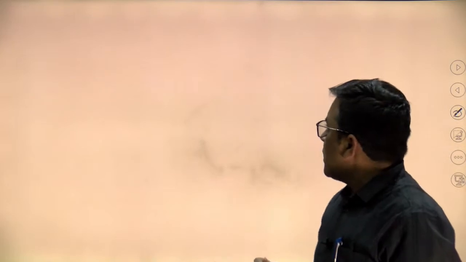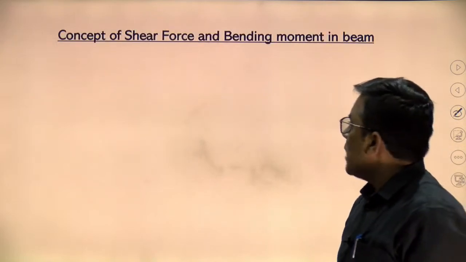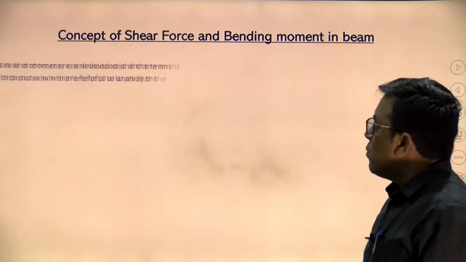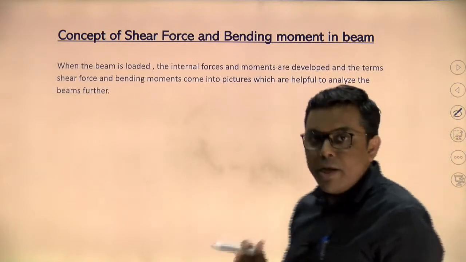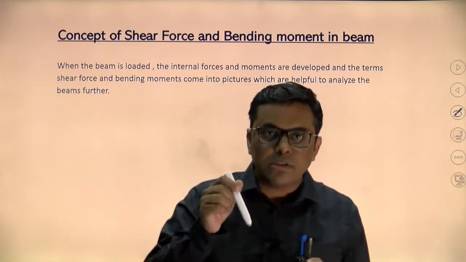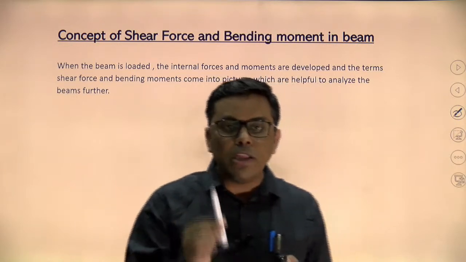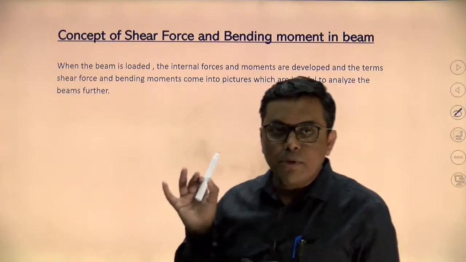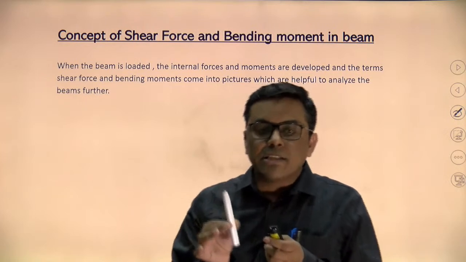In this lecture I am going to cover the concept of shear force and bending moment, what basically it is. When a beam is loaded by certain loads, certain support reactions will be developed against these loads.